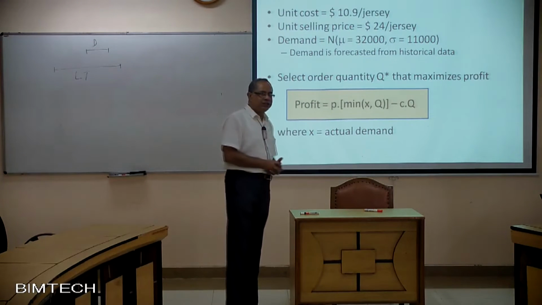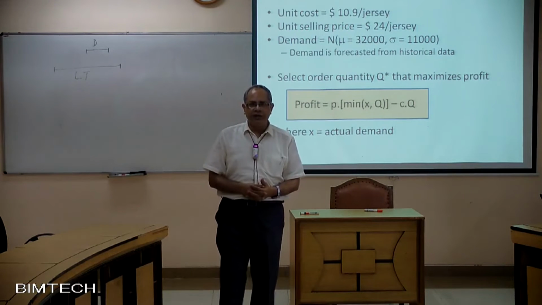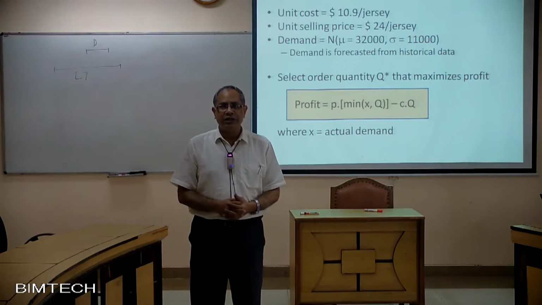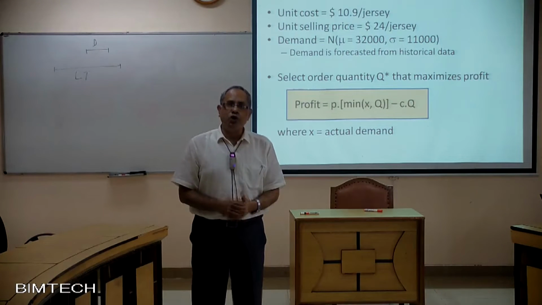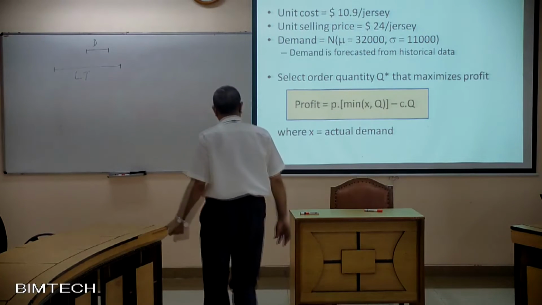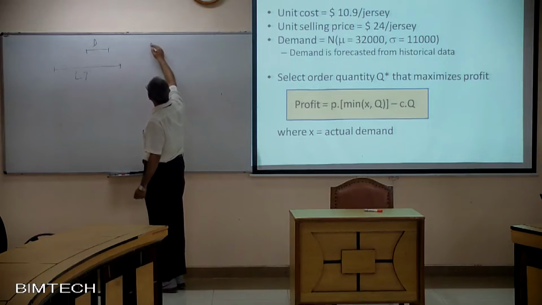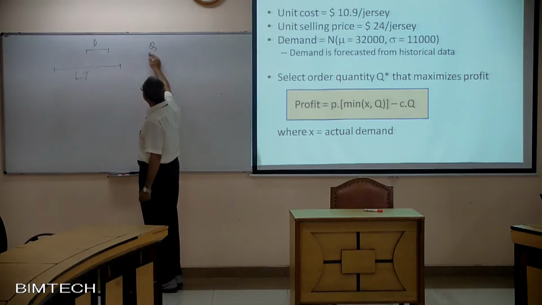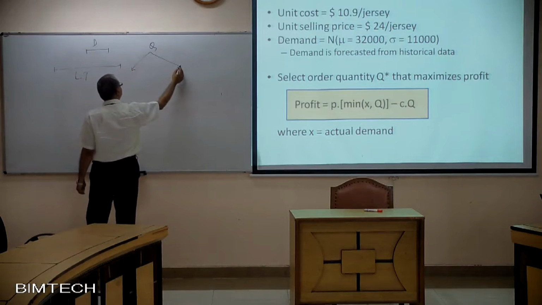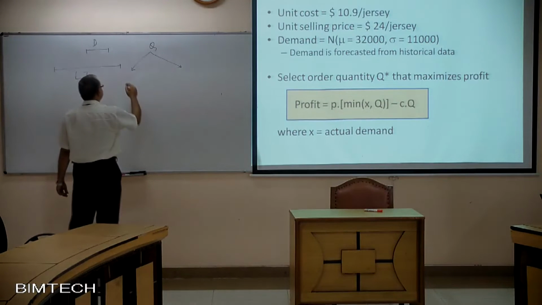Okay, so with this data, now let us think a bit about this problem, which is that suppose I order a quantity Q. Okay, so let me write this down. I order a quantity Q. Now there are two possible cases. And what are these possible cases?